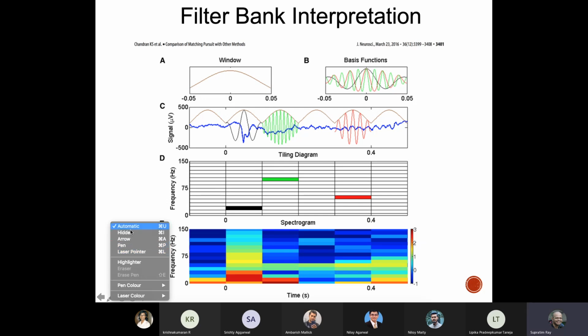So that was one point. There was another point: how do you estimate the phase? The idea there was that there are actually two basis functions inside each tile. One is a sine and a cosine, and together they are used to estimate the phase.